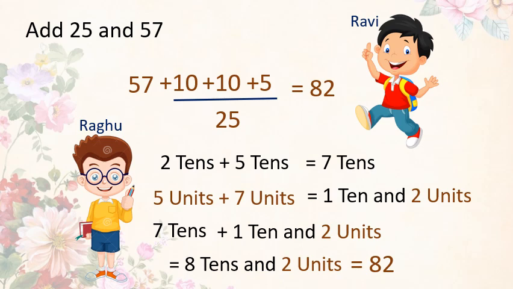This is also one of the methods of calculation orally. Whichever you like, you can use. The answer will remain the same. Remember, but you have to do the calculation properly. Okay? These two students, Ravi and Raghu, helped us a lot in doing this sum. Thank you, students.